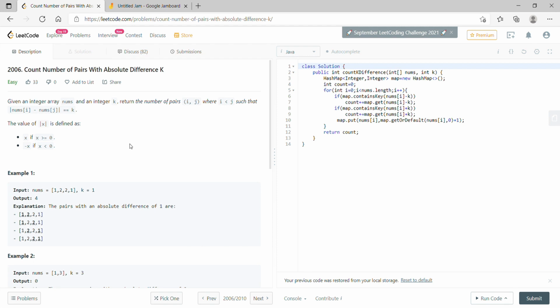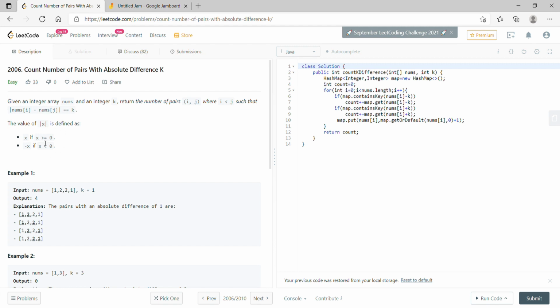So we have to look at this condition that the absolute value of nums i minus nums j should be equal to k. Okay, so the first thing that needs to come to your mind is the brute force approach. You can have two nested loops.